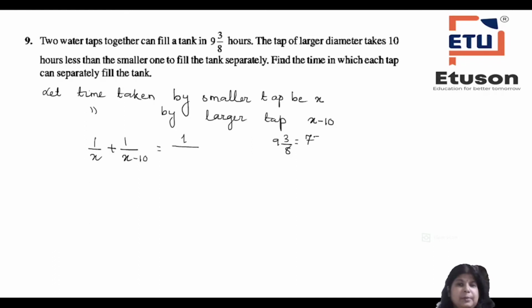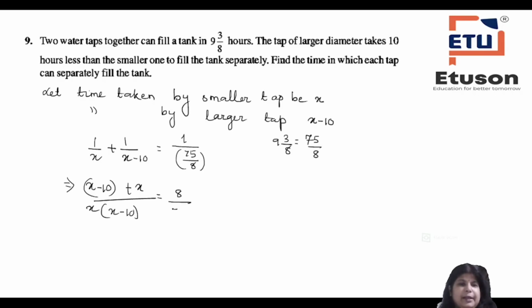It is equal to 75 divided by 8. So you will have 1 divided by 75 divided by 8. So you will have x minus 10 plus x divided by x into x minus 10 is equal to 8 divided by 75, correct or not?